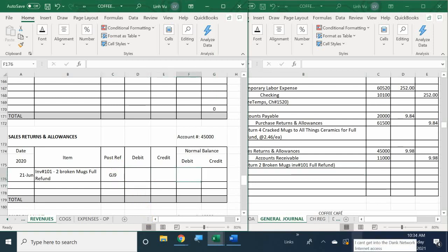And where are we putting this? Is it a debit or a credit? Debit for $9.98. Okay. Then we're going to go to accounts receivable.